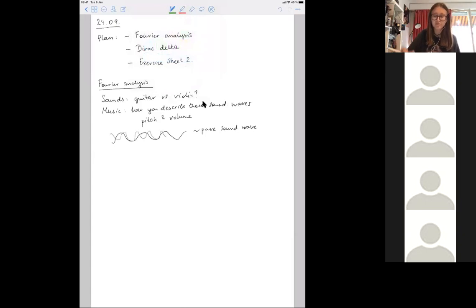For example, of this frequency, and also of this frequency, and so on. And this combination for each instrument is called the timbre of an instrument, and this is a set of harmonics.